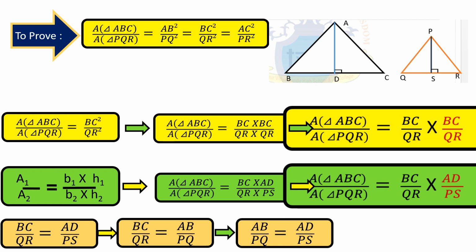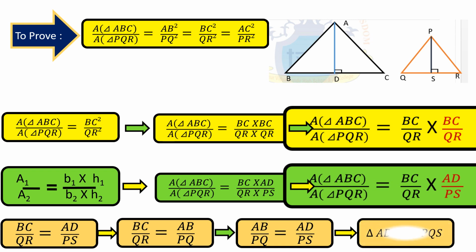And can you tell me when these ratios will be equal, that is AB upon PQ equals AD upon PS? Yes, you are right, if the triangles containing them are similar. And how will we get the names of those two triangles? We have to see the numerators of both the ratios. If you see the numerators, AB and AD belong to triangle ABD.